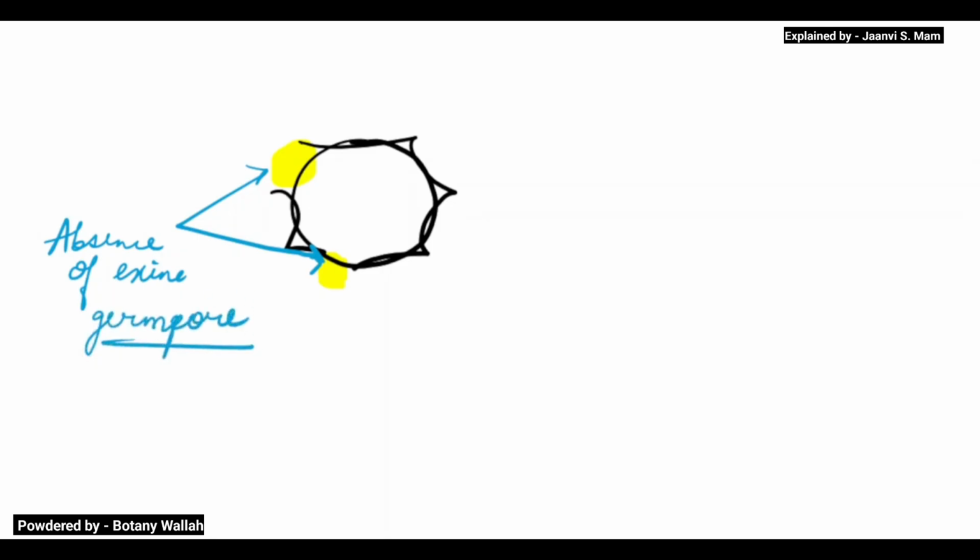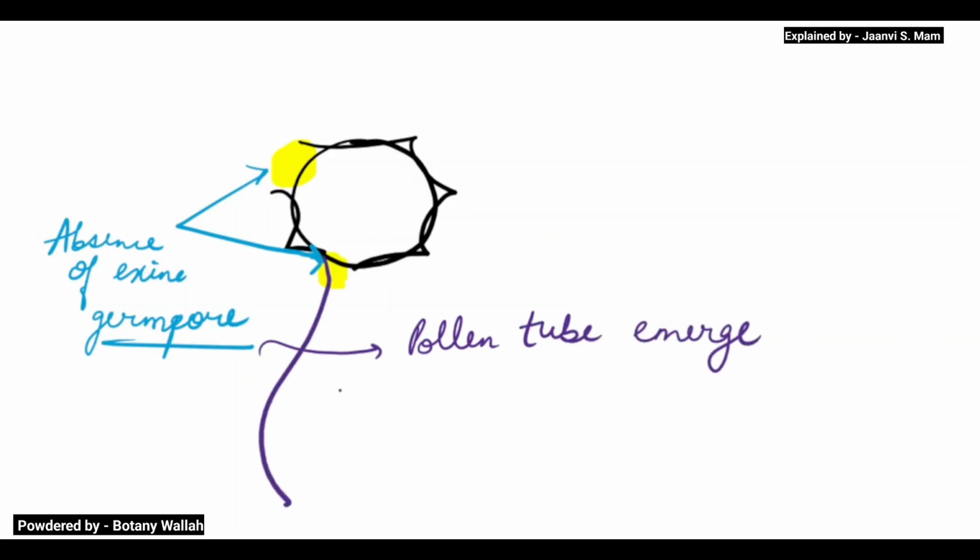And this germ pore is the place from where the pollen tube will emerge. Pollen tube will emerge means it will come out. So the pollen tube can easily come out from this germ pore, and this is your pollen tube. Now what is the use of pollen tube?